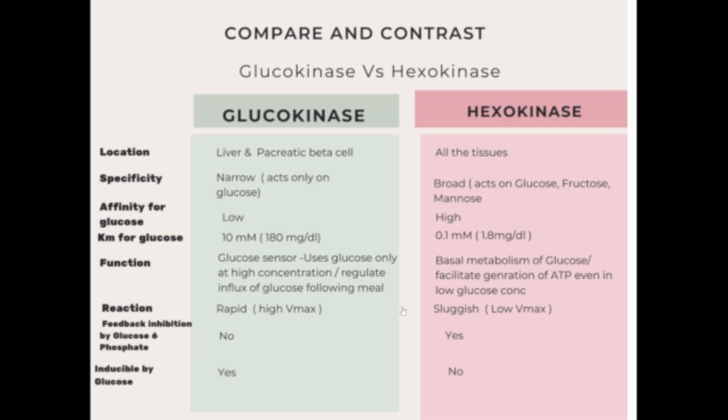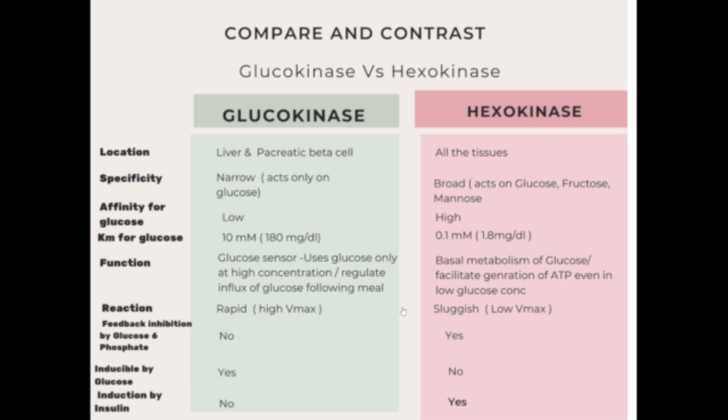And the last difference is induction by insulin. Glucokinase is not induced by insulin. Insulin will stimulate the hexokinase enzyme and by that it will stimulate the glycolysis process in all the tissue to facilitate the generation of ATP by glycolysis.